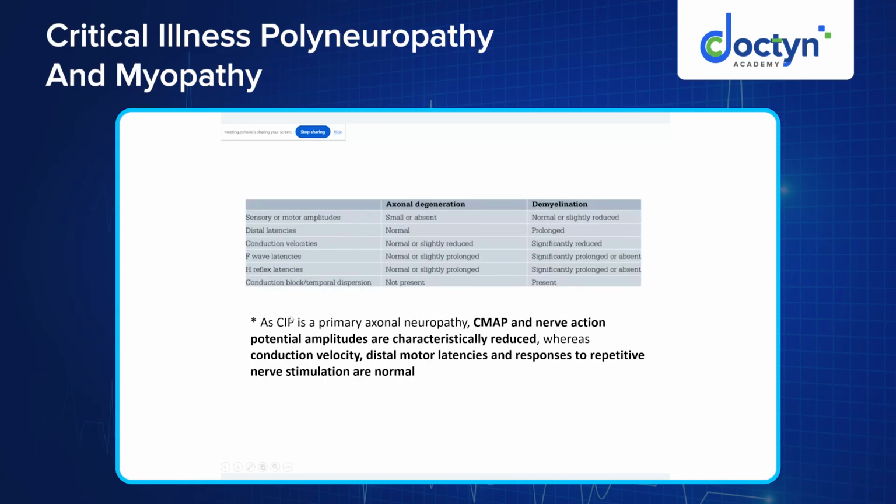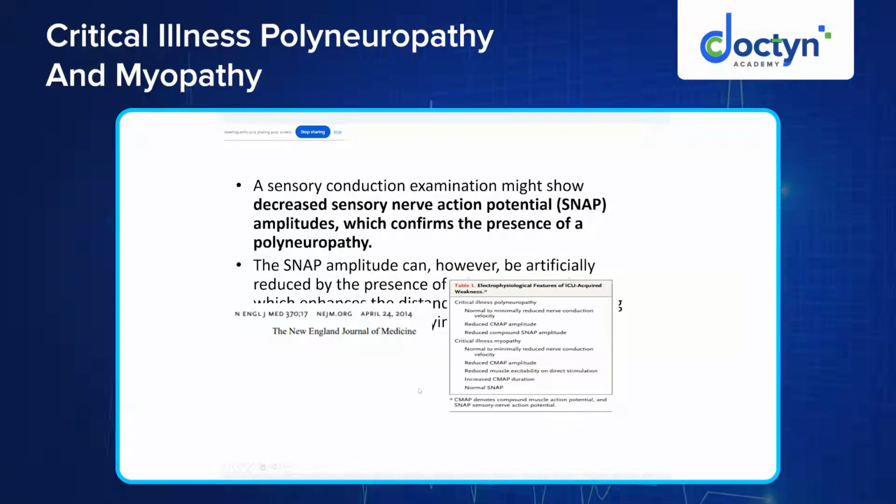As CIP is a primary axonal neuropathy, CMAP and nerve action potential amplitudes are characteristically reduced, whereas conduction velocity, distal motor latencies, and responses to repetitive nerve stimulation are normal. A sensory conduction examination might show decreased sensory nerve action potential amplitudes, which confirms the presence of polyneuropathy.